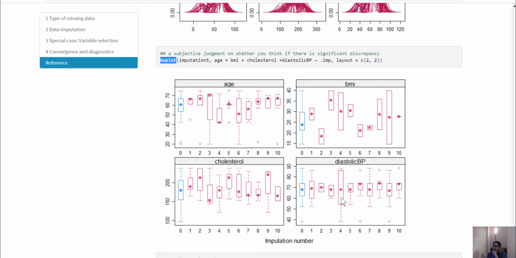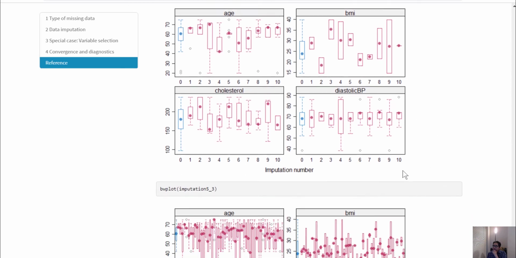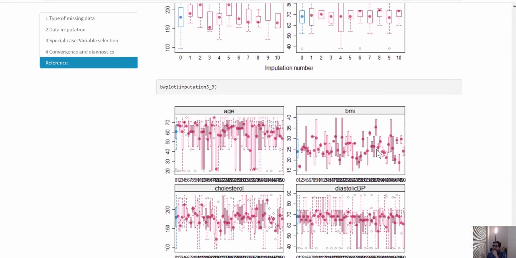For these, for example, this one looks a bit weird, so it is again a very good idea to increase the imputation. For example, this is for I think 50, and out of those 50, you can see there are some outliers here and there. So maybe even for age and for BMI you are still seeing some sort of pattern, right?